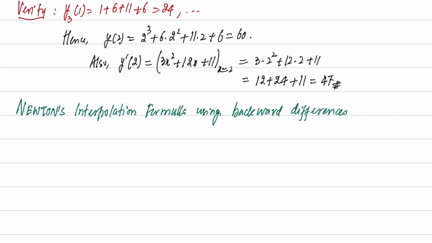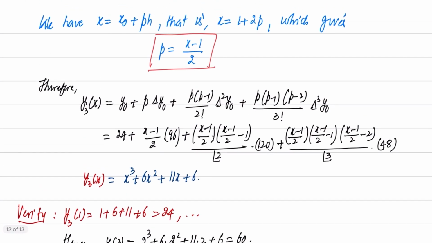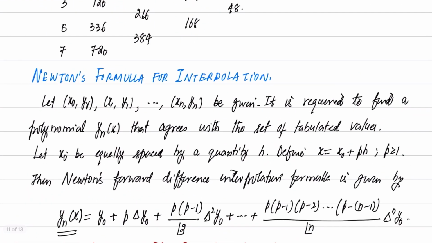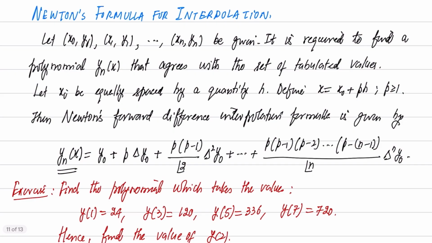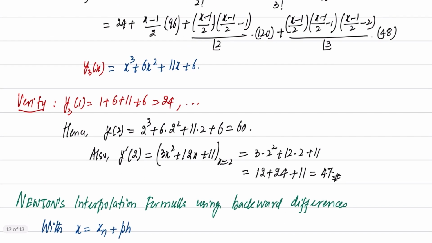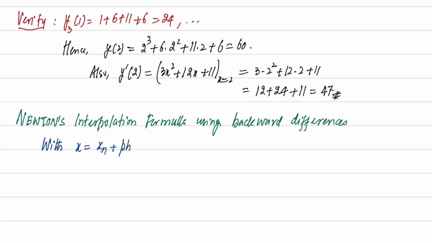Now this is with x equal to xn plus ph. This is a difference from Newton's forward difference interpolation formula. We defined x as x naught plus ph, but now here we define it as xn plus ph. That means the last value of x plus ph.